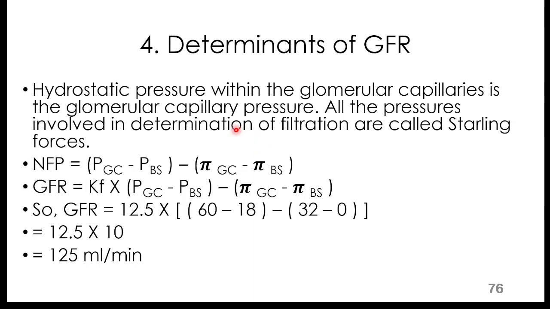All right. So all the forces involved in glomerular filtration are referred to as Starling forces, and the net filtration pressure, as we've said earlier, you calculate by adding and subtracting the forces that favor filtration and the forces that oppose filtration.